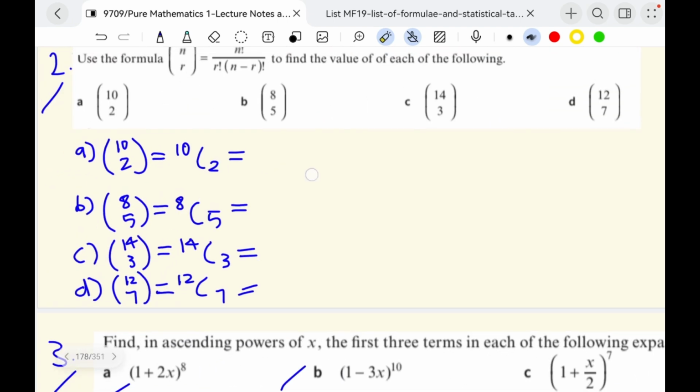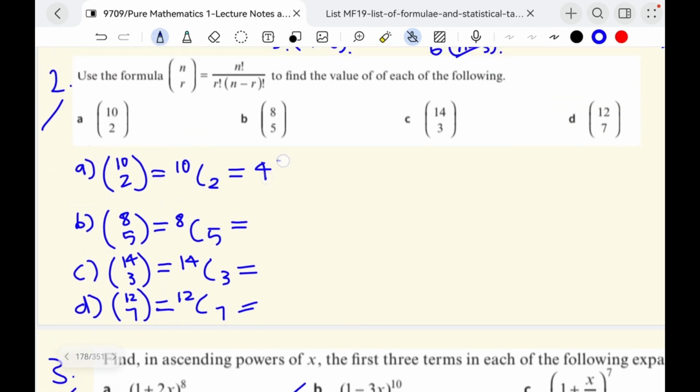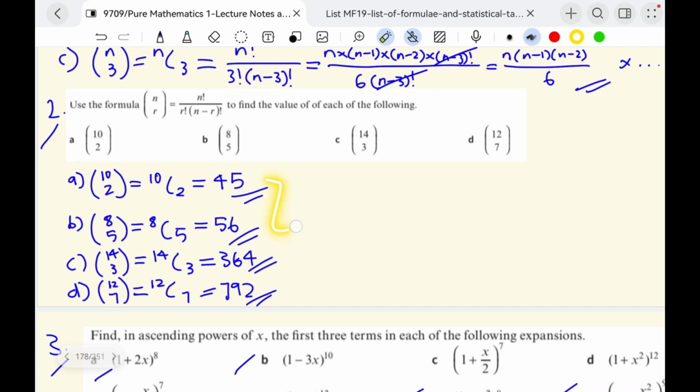So by right, you will get 45 for 10C2, 56 for 8C5, 364 for 14C3, and 792 for 12C7. So these are the answers for question 2. Please verify by yourself.